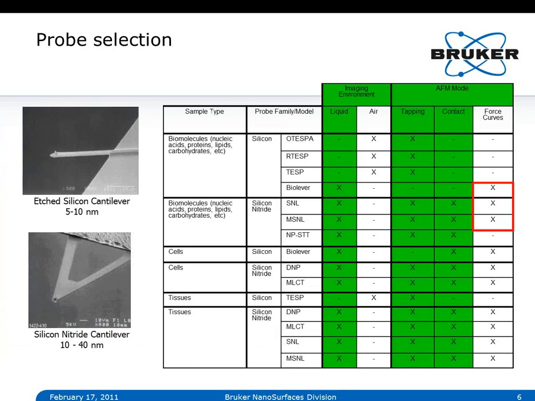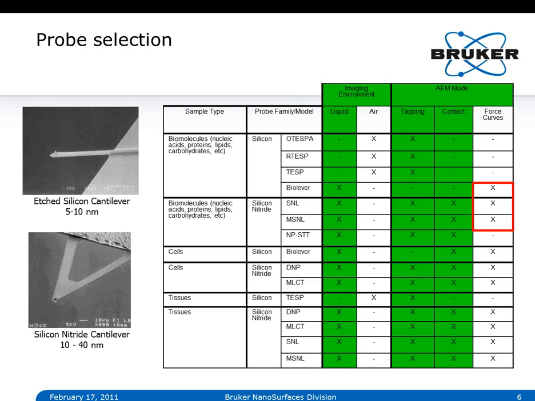Now, when you go to the probes website, you often find a table like the one I show you here. On the left side, we see sample types. You can see here it goes from biomolecules over cells to tissue samples. Then it has a variety of probes. Probes are typically made from either silicon, based on standard semiconductor processes, or from silicon nitride.